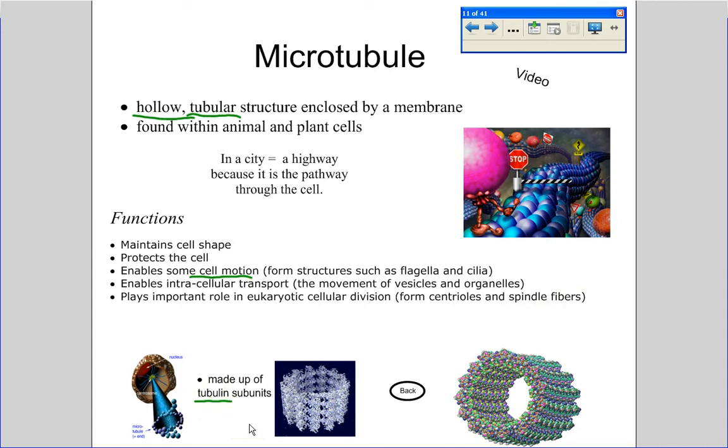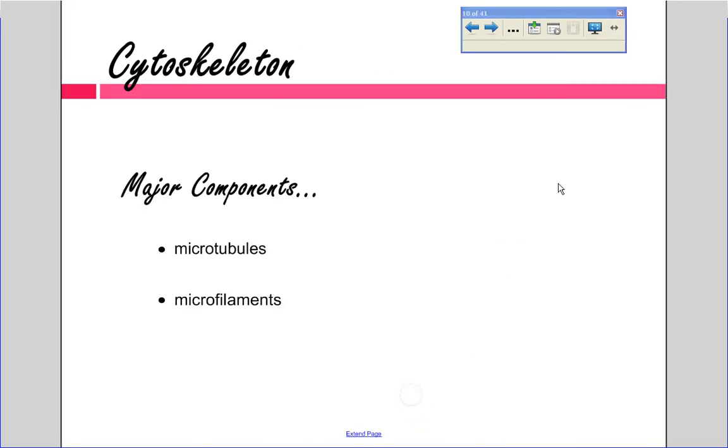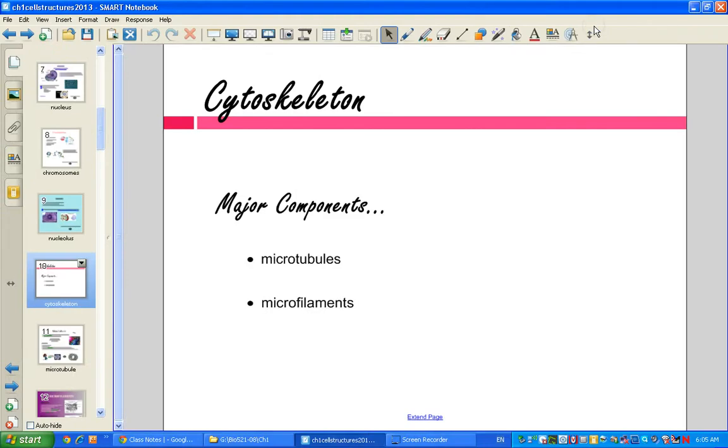Now, microtubules are made of protein, and the subunits that come together to make these long protein tubes are called tubulin. So tubulin subunits put together makes up microtubules. And we're going to watch a video, it's linked from the website as well, so I'll show you which one.